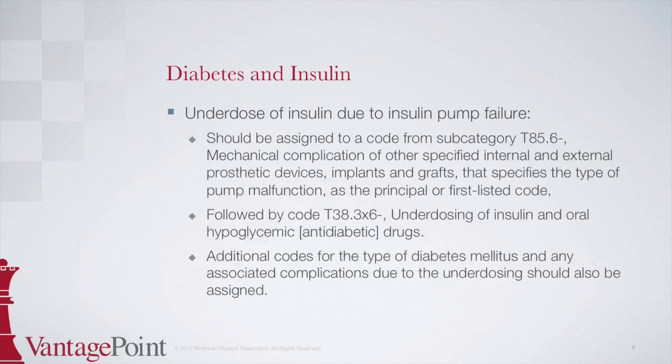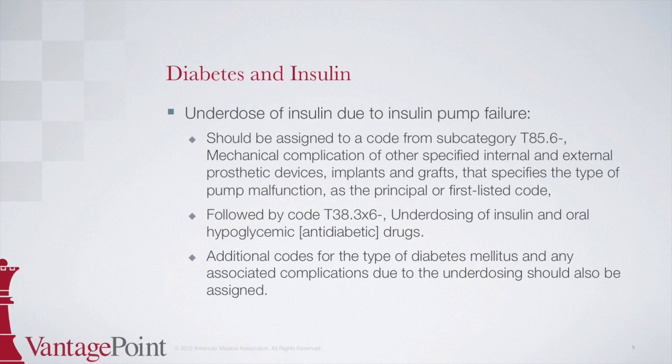One of the new concepts of ICD-10 is underdosing, or taking less of a medication than is prescribed. If the patient experiences insulin pump failure, your first code will come from subcategory T85.6 for mechanical complications. ICD-10 specifies the type of complications, such as breakdown of insulin pump, displacement, or leakage. An important rule to remember is that if the encounter is for treatment of a complication, the complication code goes first.